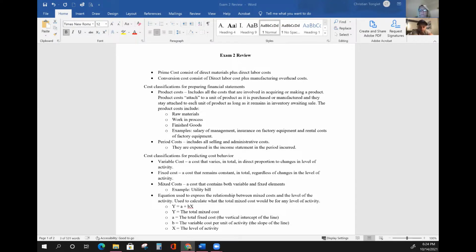And this little information here is just telling you that the product costs include raw materials, work in process, finished goods, and I have some examples of what those product costs could be. So we have salaries of management, we have insurance on the factory, we have equipment and rental costs of factory equipment.